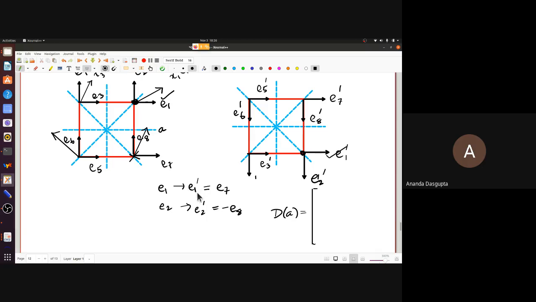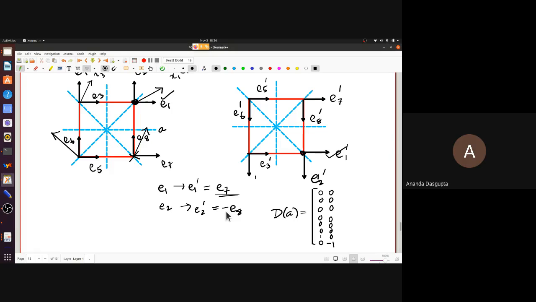And the first column is represented by the expansion of E1 prime, which is now 6 zeros, because there's no E1, E2, E3 all the way up to E6, a single 1 at the 7th position and then a 0, right? That's the first column. The second column will be 7 zeros followed by a minus 1. Just this minus E8. Is it okay?